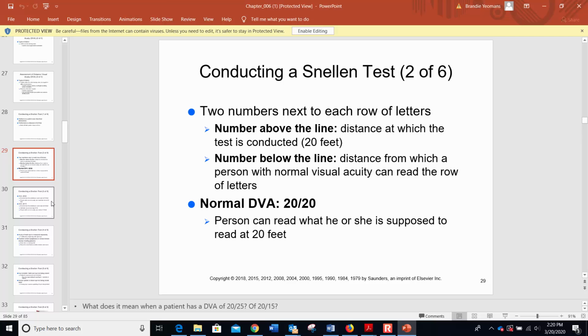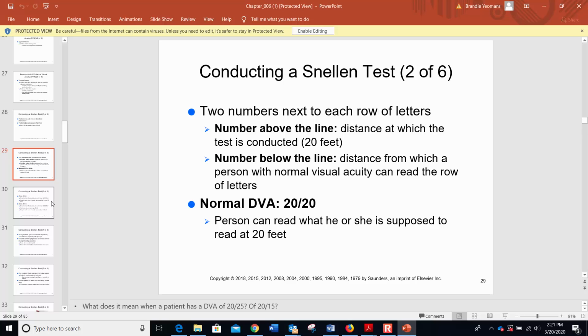So if you're looking at the picture in the textbook, and I don't know why they don't have a picture in the PowerPoint, but that's okay, if you look at line 8, that is considered 20/20, which is what everybody tries to be at. So that would mean that your patient started at the very top of the chart with E and read down all the way to line 8 correctly, not missing any of those letters.